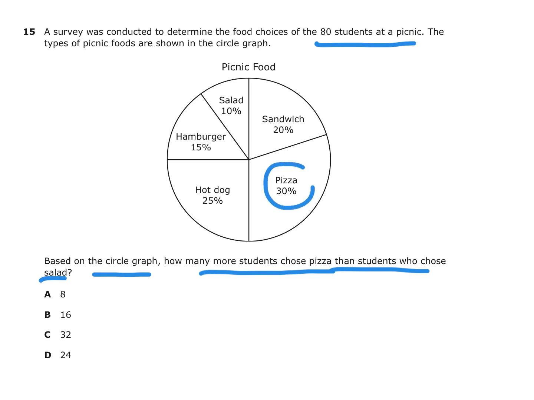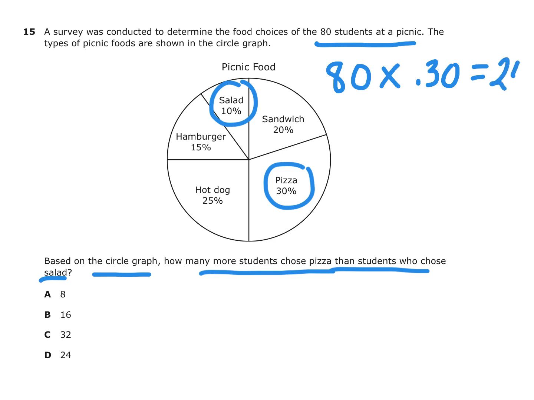Well, pizza is 30% and salad is 10%. So obviously students prefer pizza over salad by a 20% difference. There are 80 students and we want to know how many preferred pizza, so we multiply 80 times 0.30. 30% is 0.30. And that's going to be 8 times 3 is 24. 30% is exactly 24.